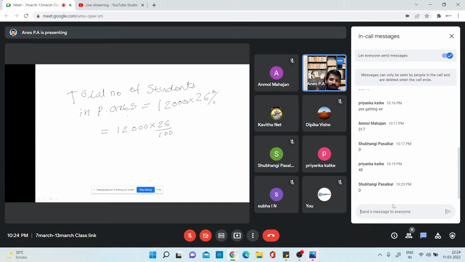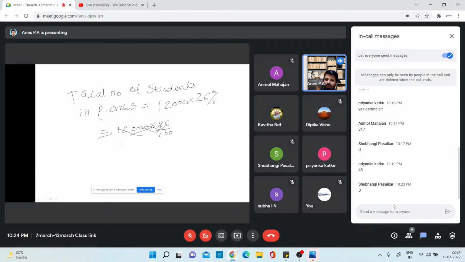Here there is 26 percentage. We can find out the 25 percentage of 12,000 easily. One by 4th of 12,000 is the 25 percentage. So we just cut it down.